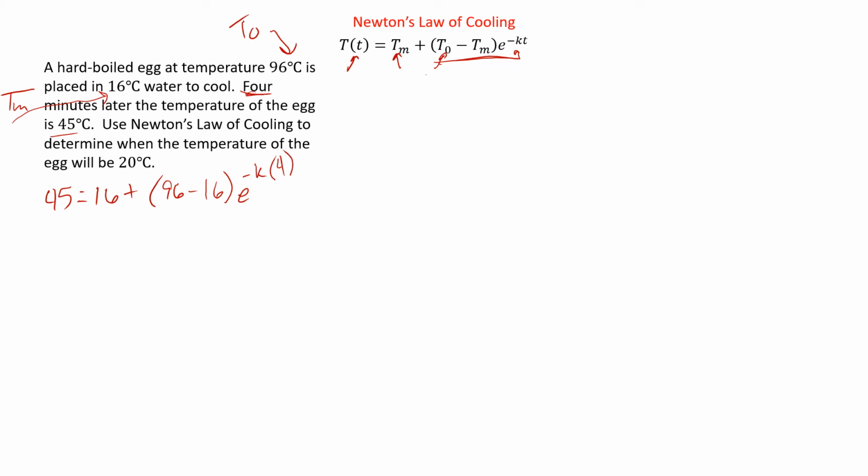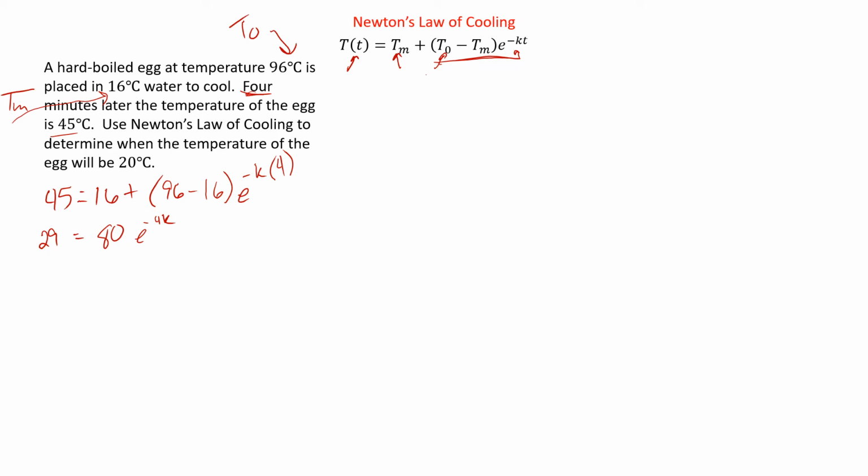So we have one variable here, it's just that negative k. We can start solving this. We can subtract the 16 over. 45 minus 16 is 29, equals 96 minus 16 is 80. There's an 80-degree difference, e to the negative 4k. Next step, we have to get the e by itself.